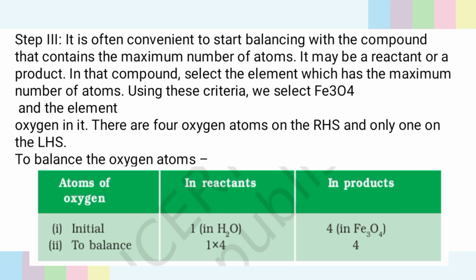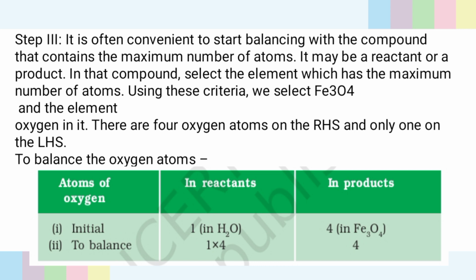To balance the oxygen atoms, we have to make a tabular column. Let us see here, atoms of oxygen in the reactants and in the product side. So initially we have 1 atom of oxygen in the reactant side and 4 atoms of oxygen in the product side. So let us balance it.